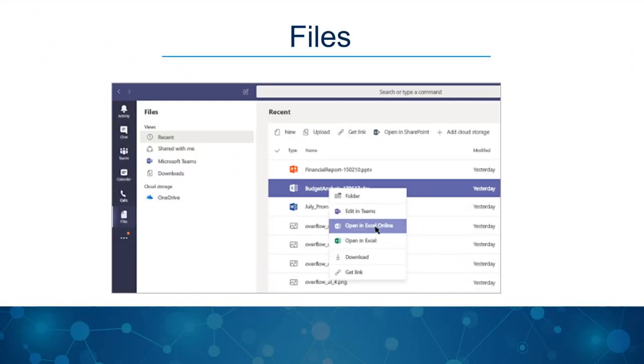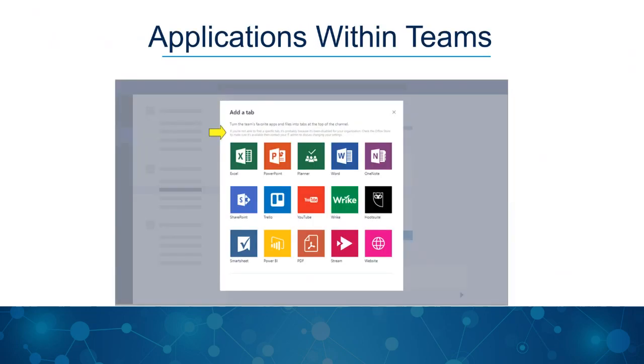So now, excuse me, move on to the applications within Teams. I already showed that you can use Word and Excel in Teams, but there's actually ways to tie applications to a channel.